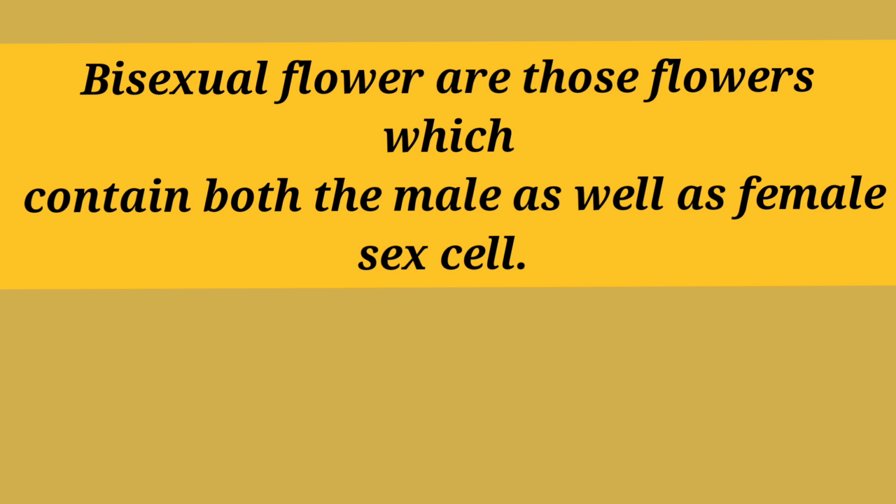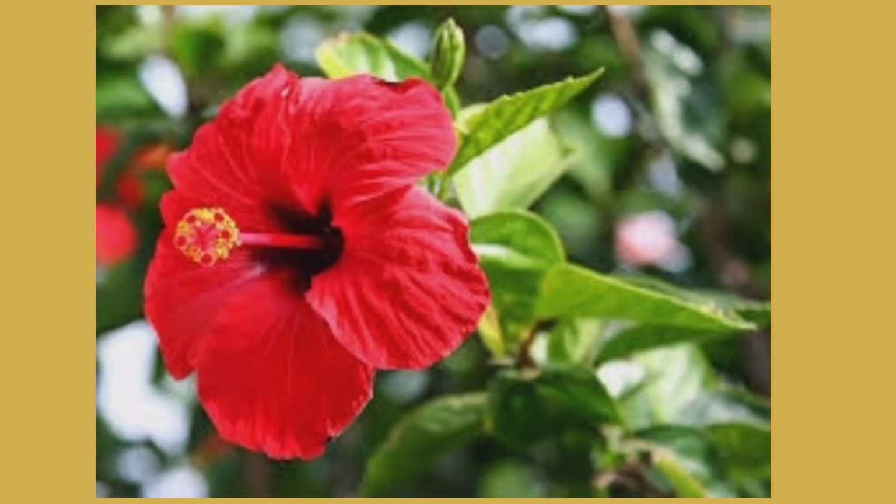Such a flower can also be called a perfect flower. Another name for bisexual is perfect flower. Example: China rose. Why? Because the stamen and carpel are present. See in the figure, you may find in China rose both are present. That's why they are called bisexual flowers.